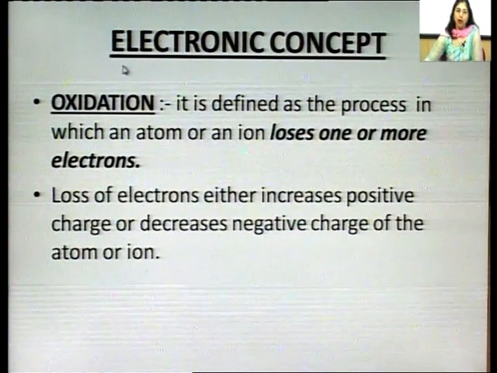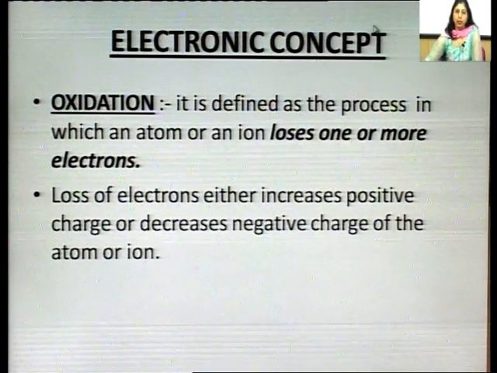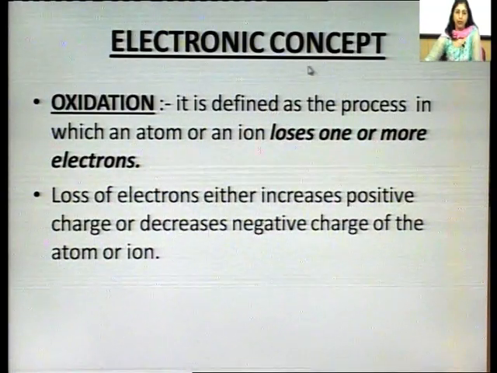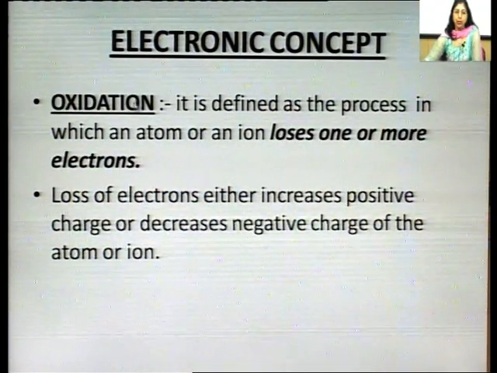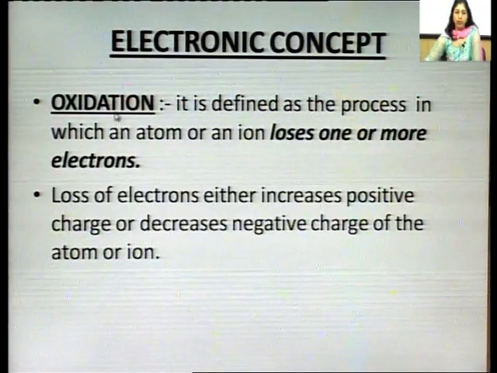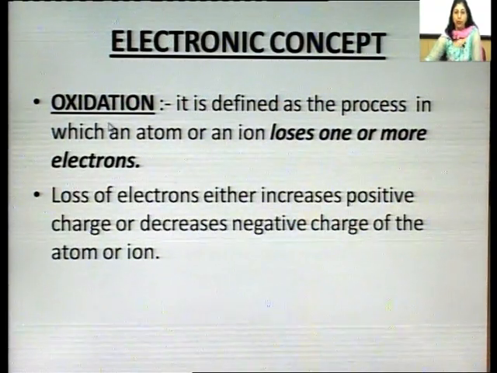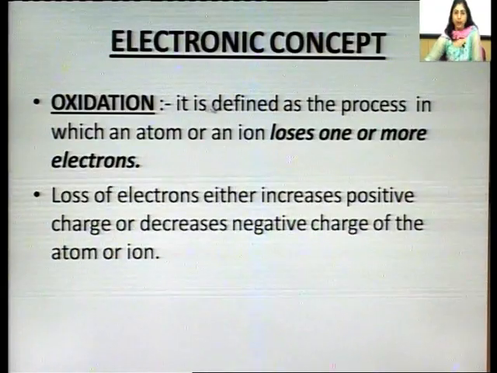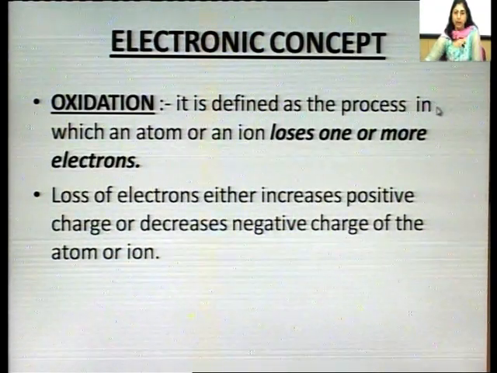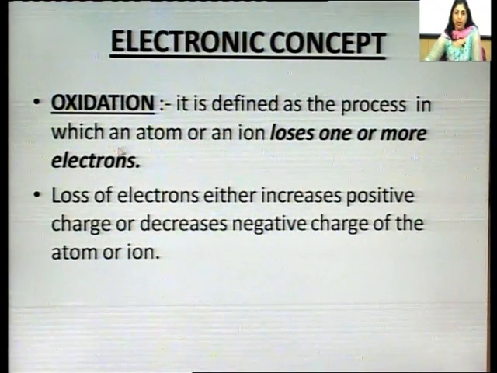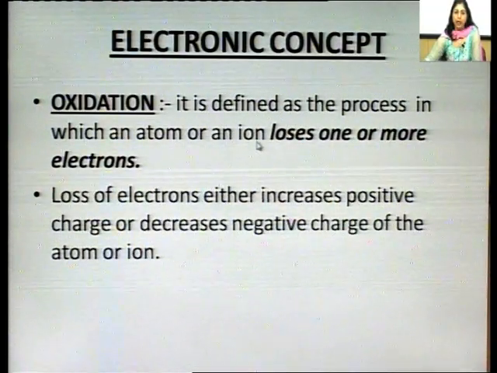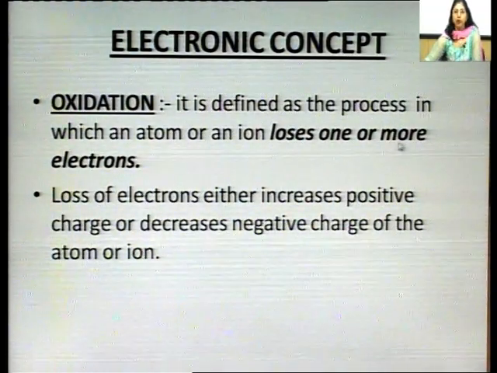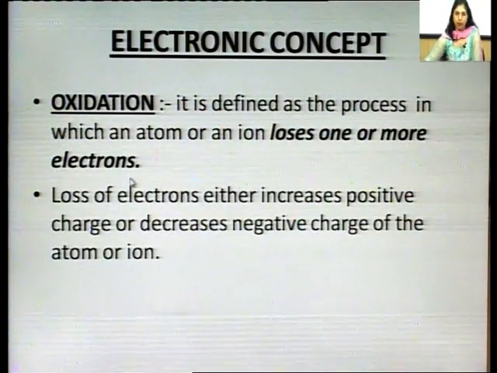Now, let us come to the next concept, that is electronic concept. First we will discuss oxidation according to electronic concept. It is defined as the process in which an atom or an ion loses one or more electrons.